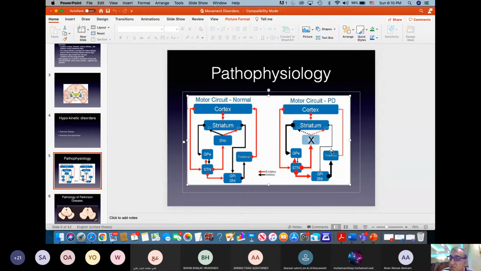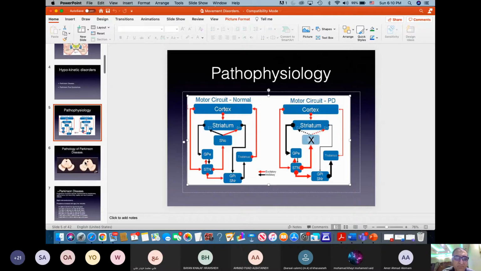And the thalamus stimulates the cortex. So as you see, with more inhibition of the thalamus, there is less stimulation of the cortex and reduction of movement. And that's what we call bradykinesia. Brady in Latin means slow, kinesia, motion. And that's the hallmark of Parkinson's disease and its related disorders, bradykinesia.